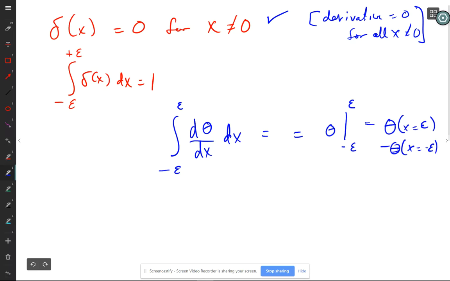But theta for x greater than 0 was 1, so this one goes to 1. And theta for x less than 0 was? Those are the two things. Now, if you look at my solution when I post the solutions, it's much longer. But that's all we had to do.